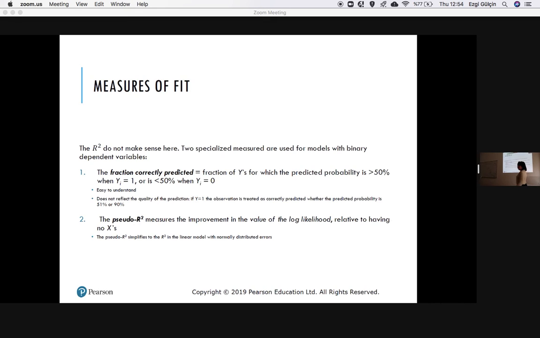But we're not analyzing one individual in the data. We have so many, so Stata is giving us results as a group, not as a person. True. So how can we know that the probability of y equal to 1 for all those 100 persons is higher than 50%? What do you mean?